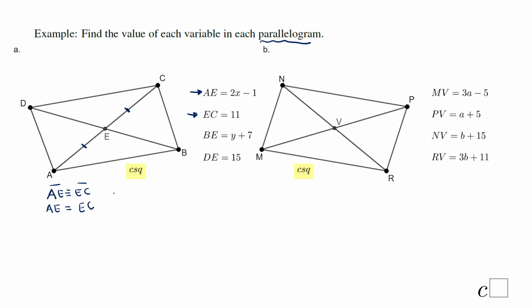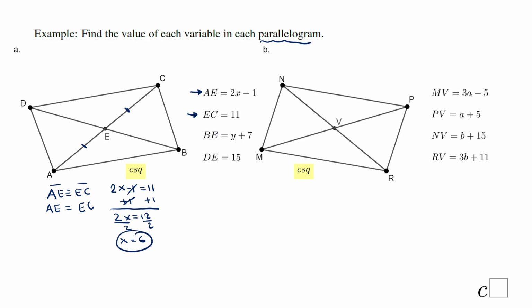so the equation would be 2x minus 1 equals 11. I'm going to add 1, and I have 2x equals 12, divide by 2, x equals 6.